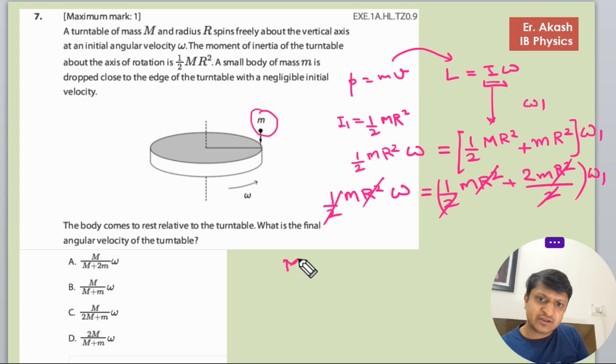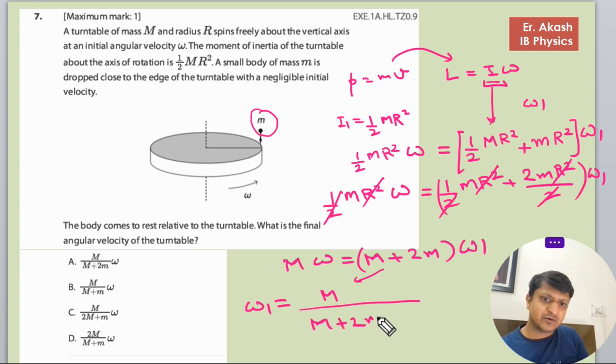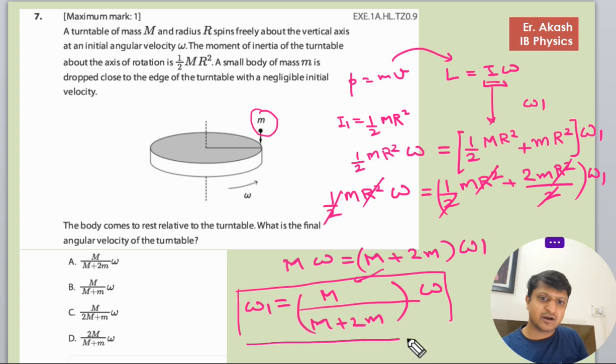We are left with M omega equals (M plus 2m) omega 1. So omega 1 is equal to, taking this into the denominator, M upon M plus 2m, into omega. So we got this answer.